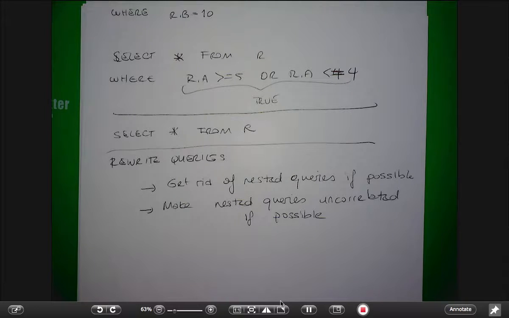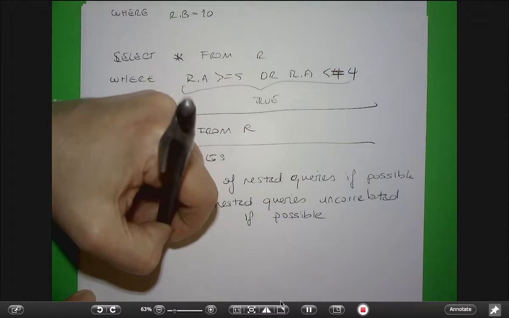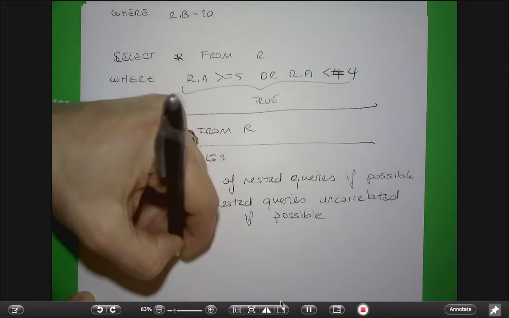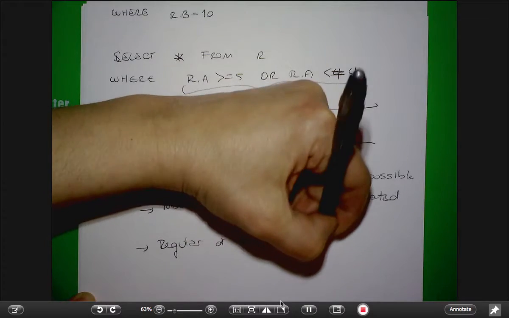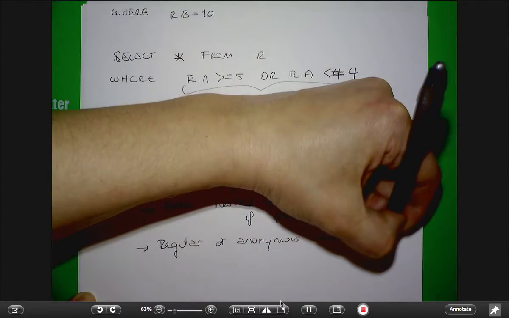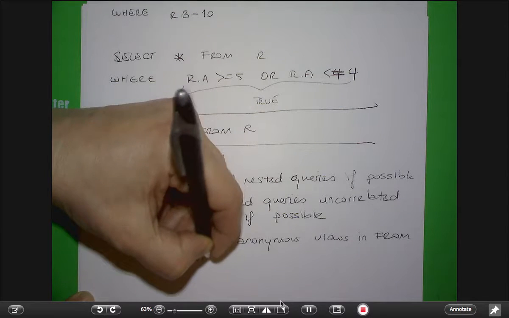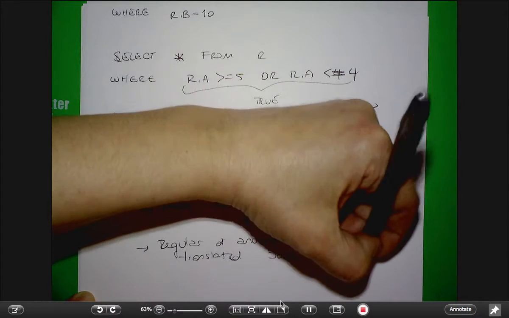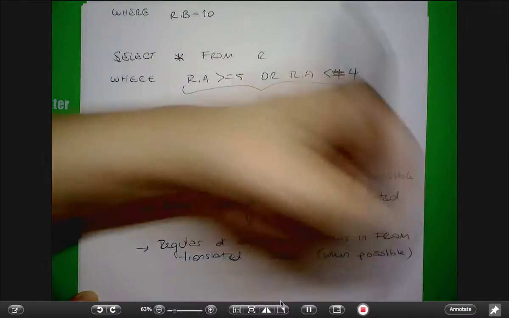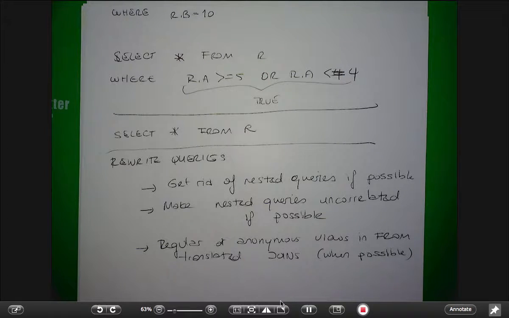Whenever you have a view in the from, so if you have regular or anonymous views in from, translate them to joins when possible. This is not always the case that it is possible, but as long as possible, you try to simplify your query to make them simple joins, simple operations, select from where, and get rid of as many nestings as possible.